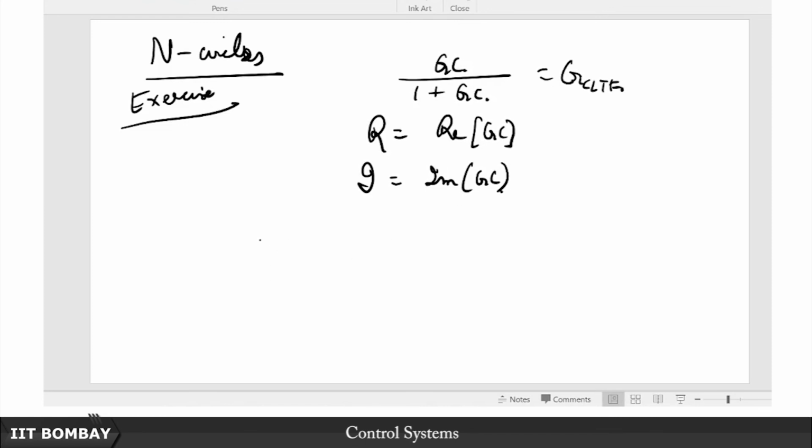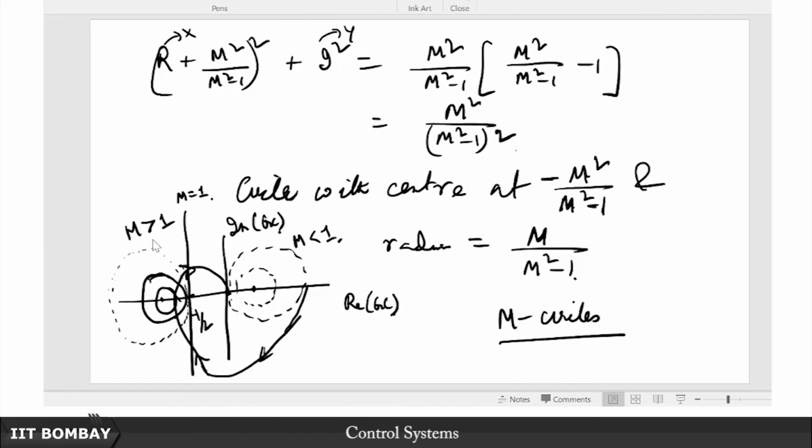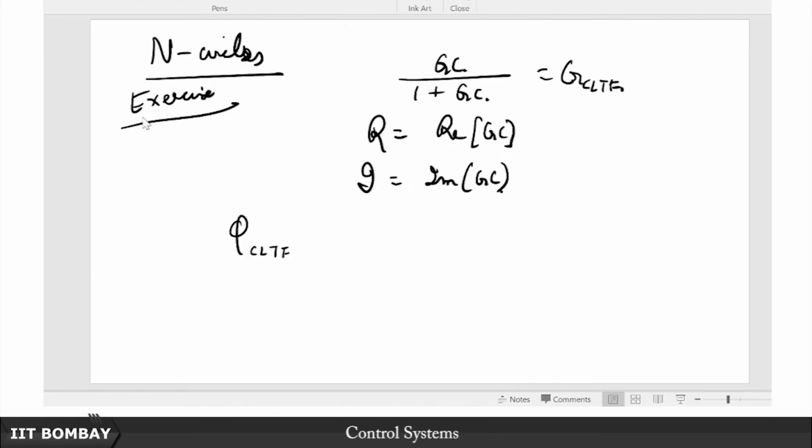Now suppose you want to find out the closed loop phase, because after all this M was basically the closed loop gain. By the same token you have this closed loop phase which is denoted, for want of a better letter in the English alphabet, by N. So this is the argument of GCLTF. But what is this G?